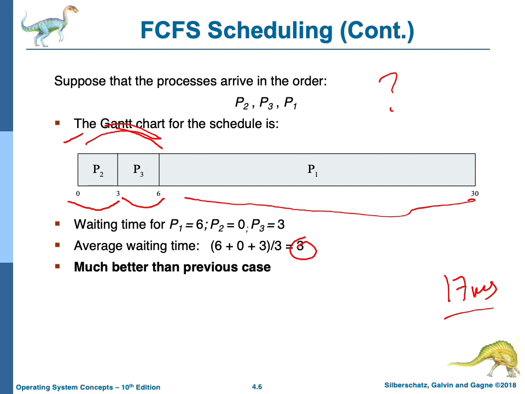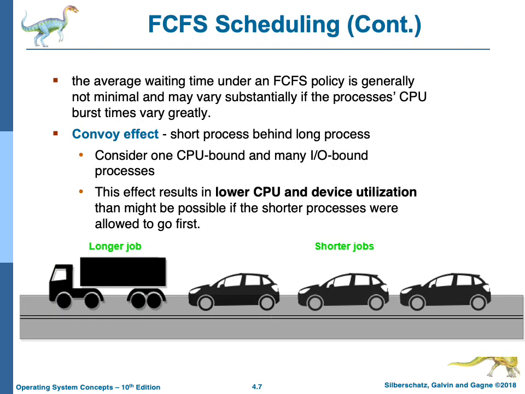So this takes us to the second disadvantage of first come first serve, which is what we call the convoy effect. Because first come, first serve services processes based on their arrival, it doesn't consider the burst time of the processes.